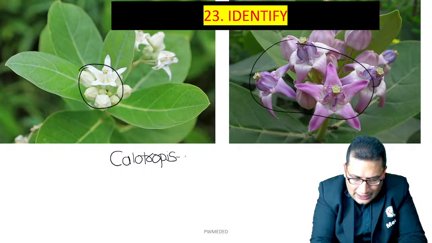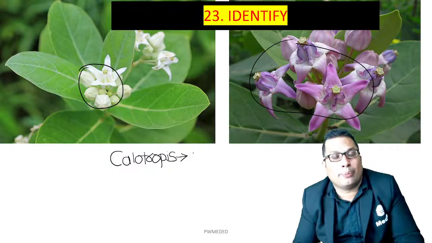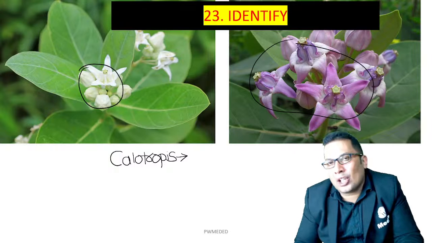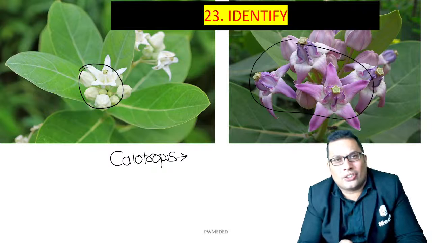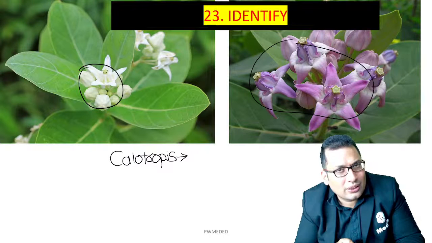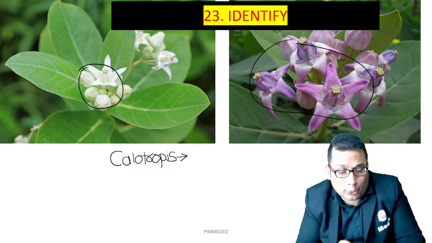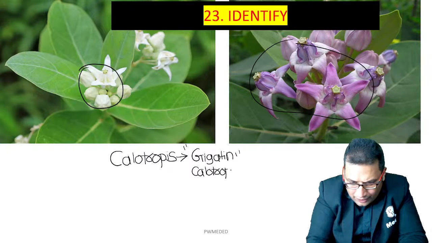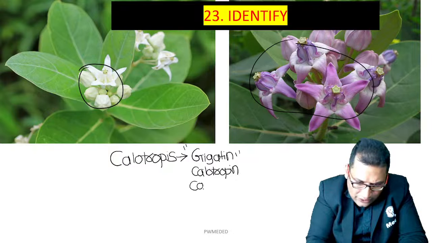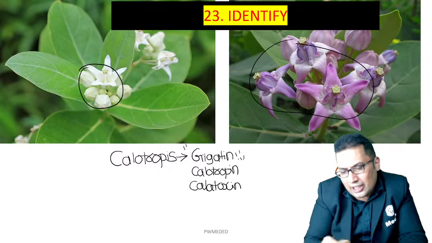So the question can be asked, what is the active principle? Calotropin, calotoxin, and uscharin. What is the medico-legal importance? It is used in criminal abortion. It is also used in artificial bruises. Remember, the active principles are uscharin, calotropin, and calotoxin. Where is it used?